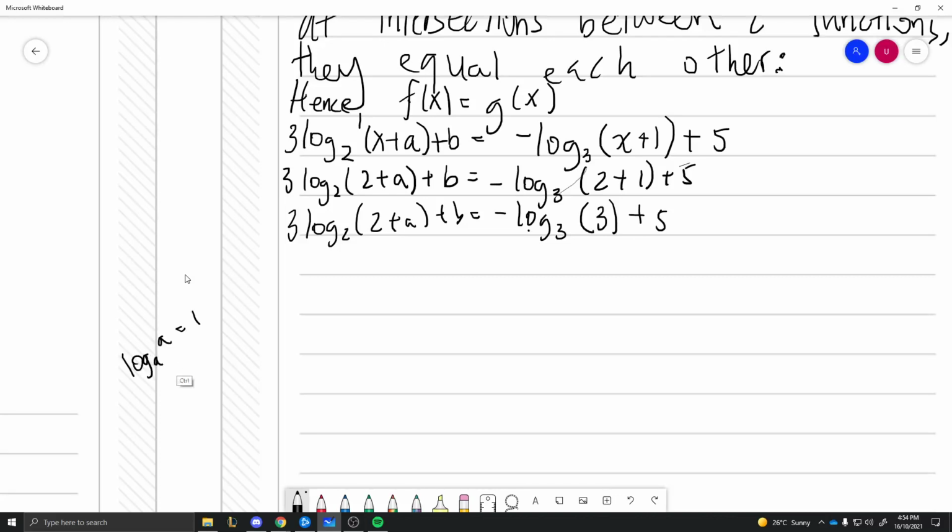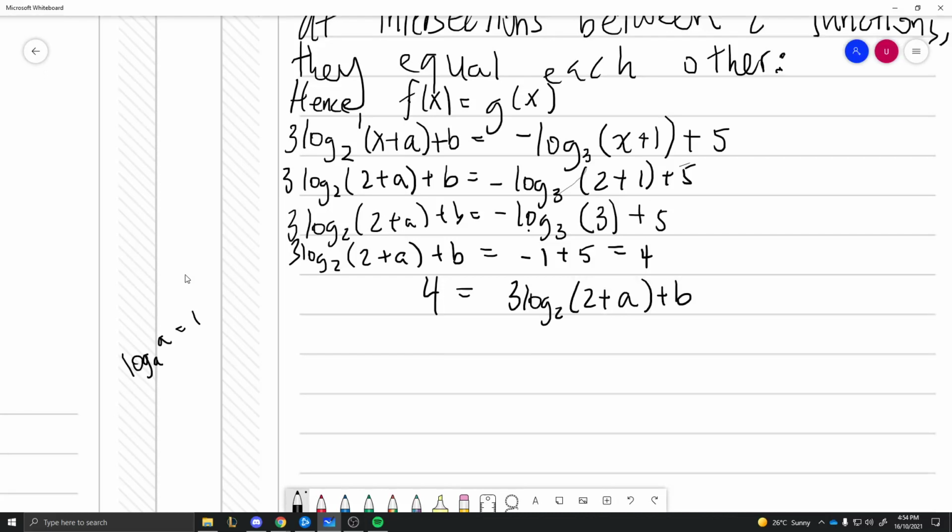So you get 3 log base 2 of (2 plus a), plus b, equals negative 1 plus 5, which is equal to 4. I'm just going to swap the sides, so 4 equals 3 log base 2 of (2 plus a), plus b.